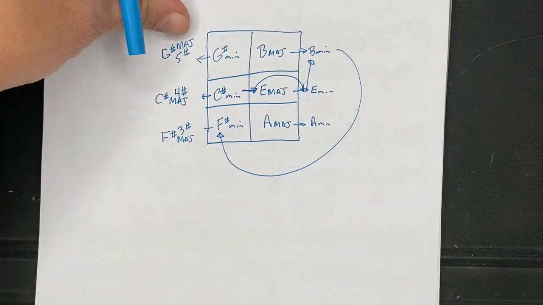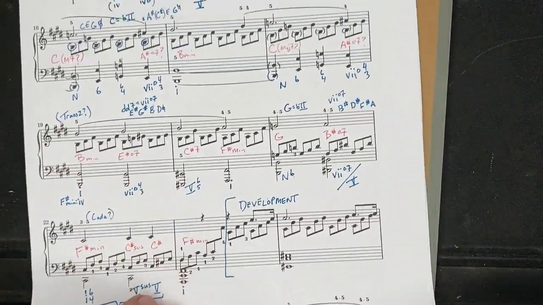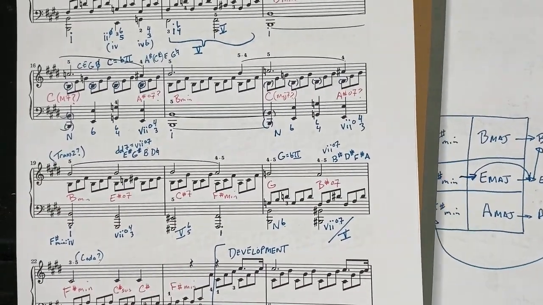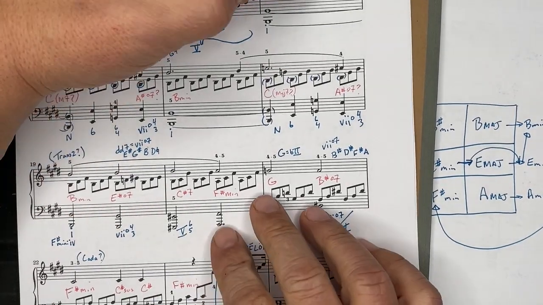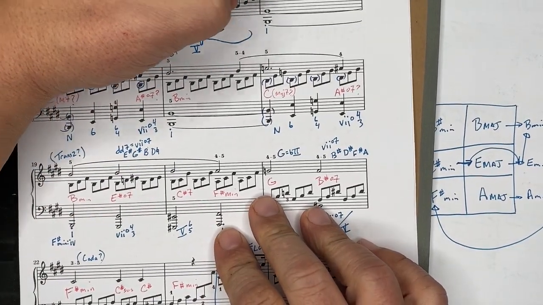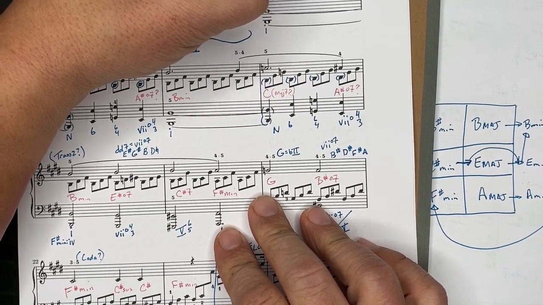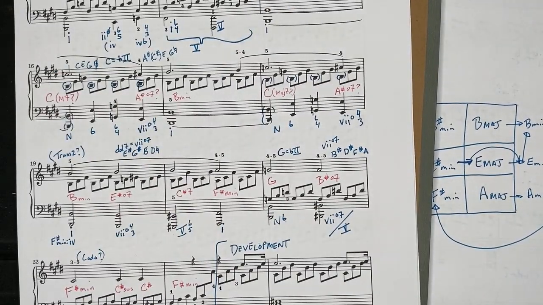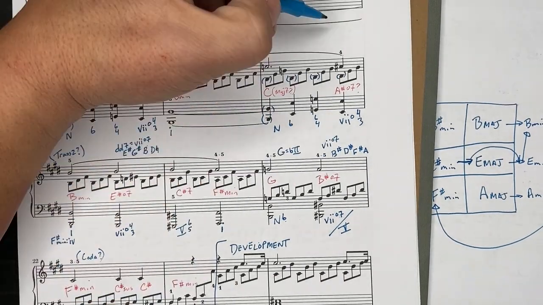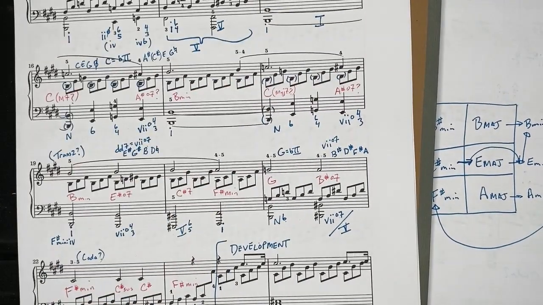Now, there's one other thing before I leave this. I just wanted to say that he does go from B minor to B major right there. See that? I forgot to mention that. And so this becomes like that. And yeah, it's just kind of interesting.